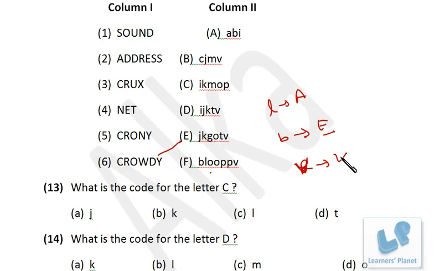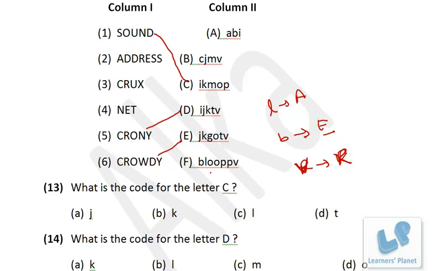Here V is R. Okay, now what is the code for letter C? Now CRONY is a 5-letter word and here SOUND is also a 5-letter word, right? So we have these 2 options which are 5-lettered. So CRONY must be this, because just now we have discussed that R is actually V, right? So R is there and V is there, that means this is this and SOUND is this.